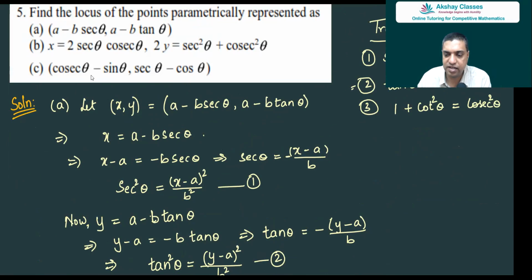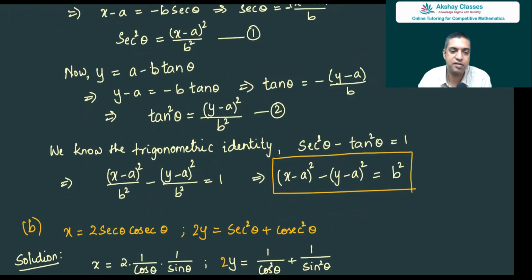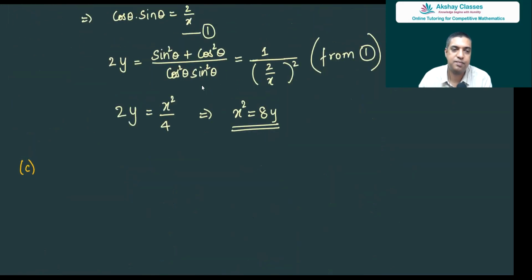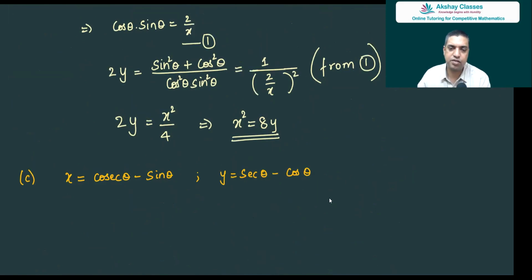Similarly, now x is cosecant theta minus sine theta and y is secant theta minus cos theta. How to do this?